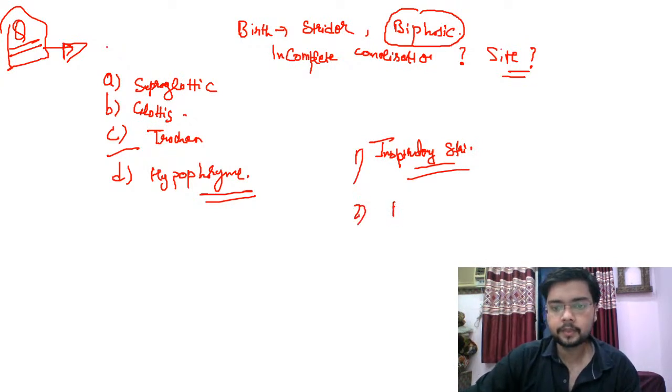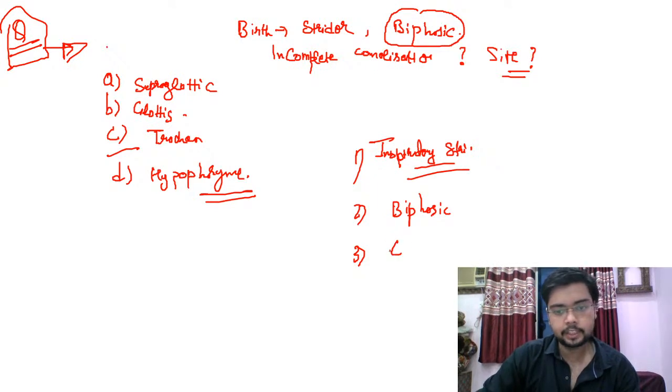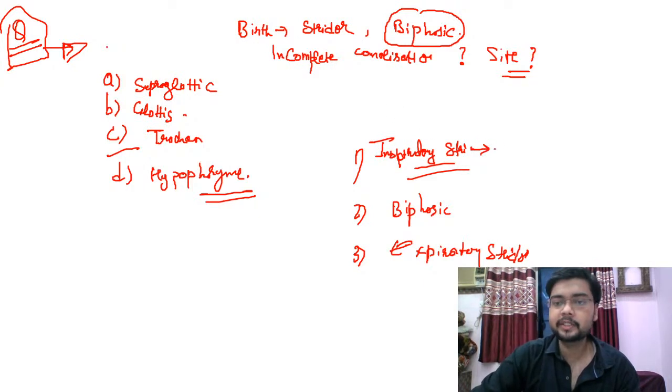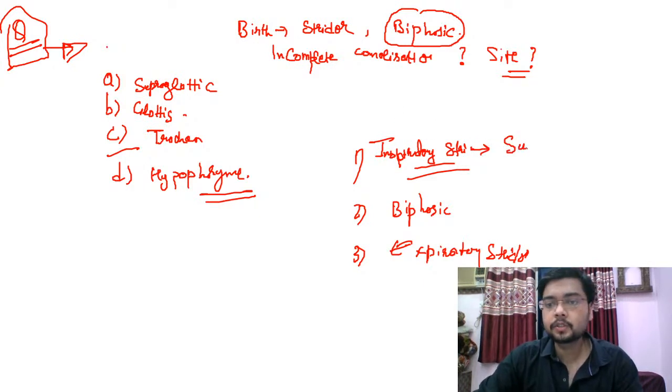Inspiratory stridor, biphasic stridor, that means when it is present in both inspiration and expiration, then expiratory stridor. So inspiratory will be seen in any lesion which is supraglottic.